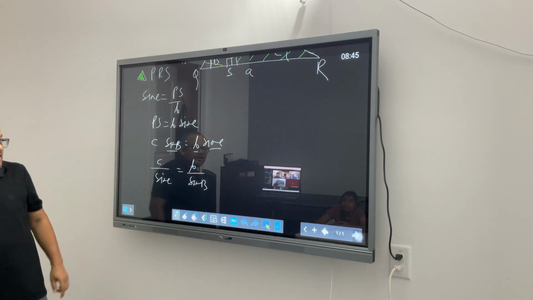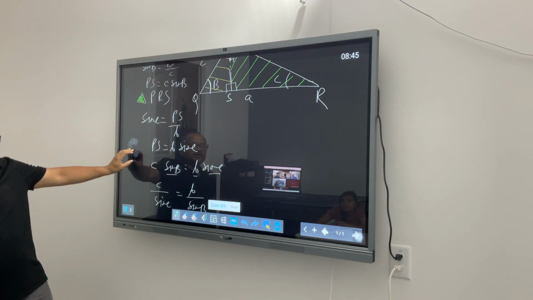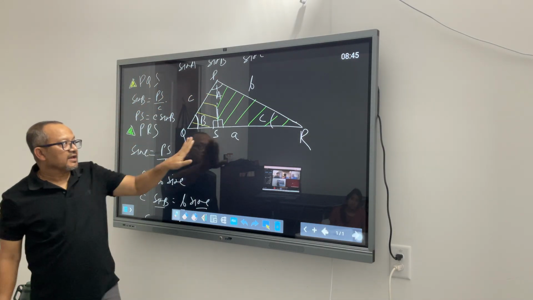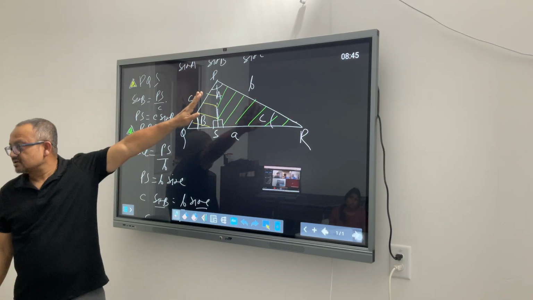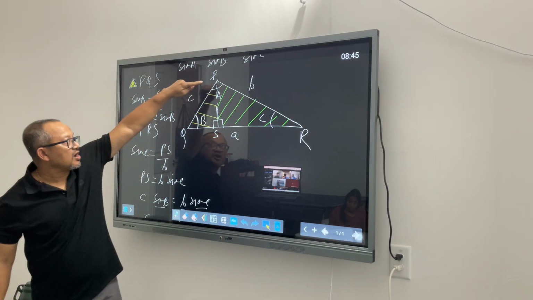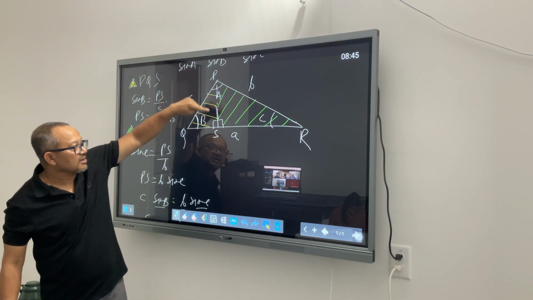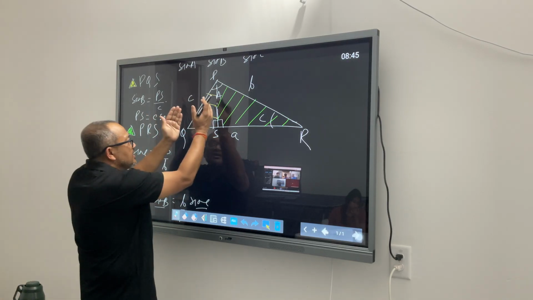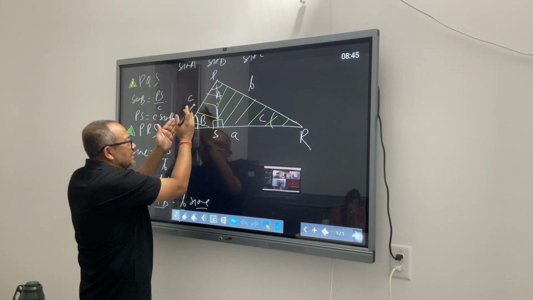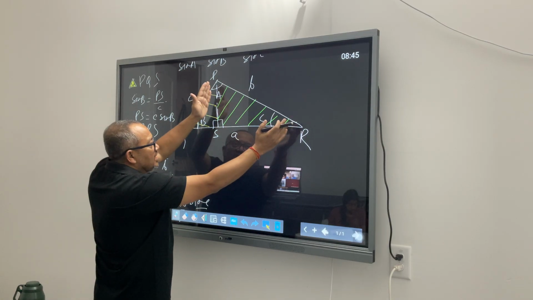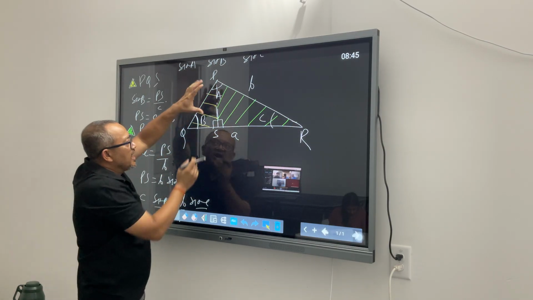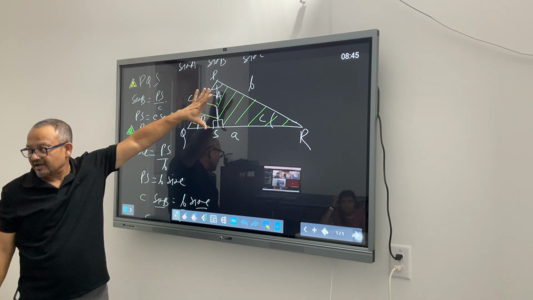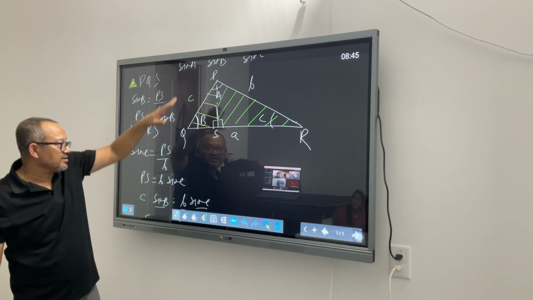I did nothing, okay? I literally did nothing. I just took a triangle, gave names to the sides and the angles opposite to them, picked one of the vertices, dropped a perpendicular, and split this triangle into two parts. I took this triangle, applied sine of that angle, took the other triangle, applied sine of that angle, and both gave me the value of this side with respect to sine and the side.